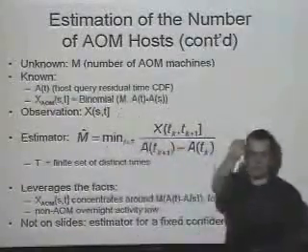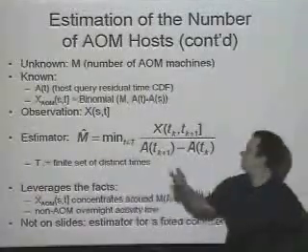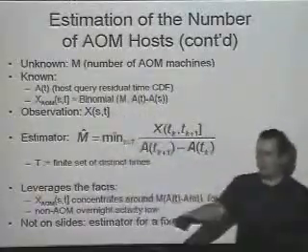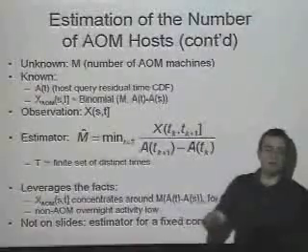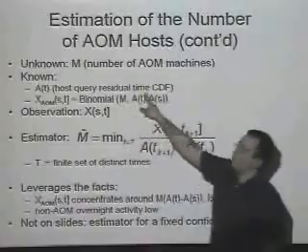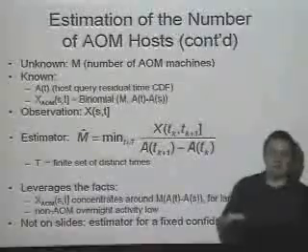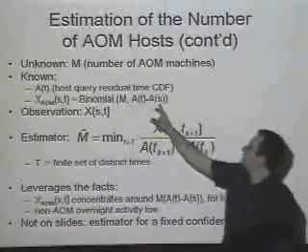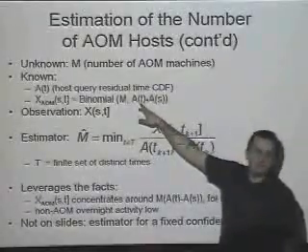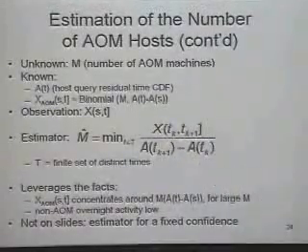It means you have M AOM machines that place their queries, and you just need to count how many of them fall into the time interval 10 to 11. So this is just binomial with parameter M and the probability that a query from a specific host lands in the time interval. This is nothing else but A(t) minus A(s), the residual time distribution that we have previously seen. So this is one observation.